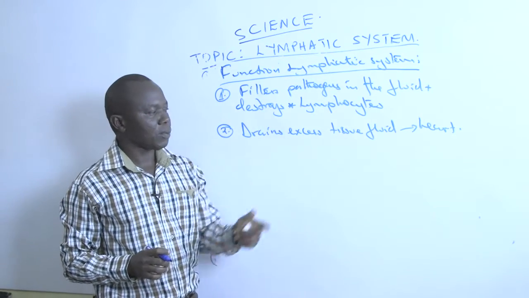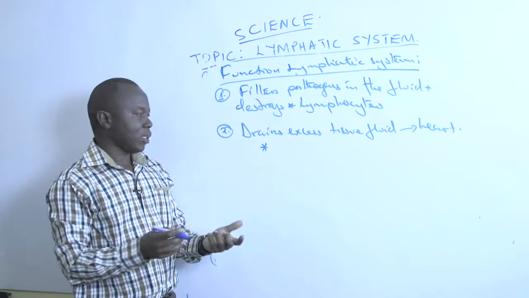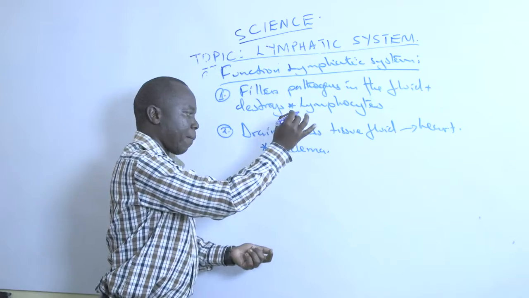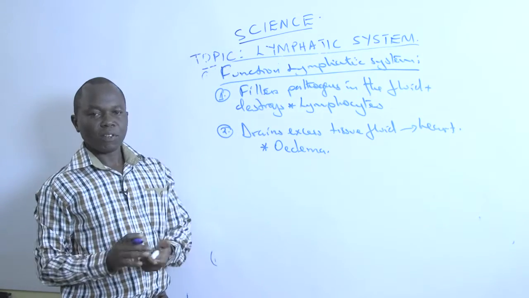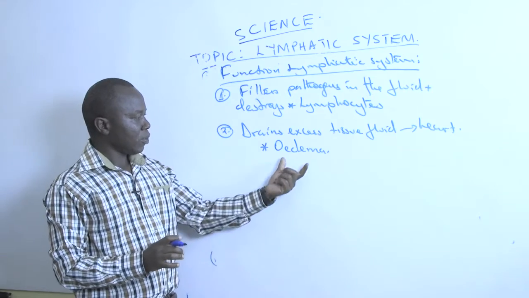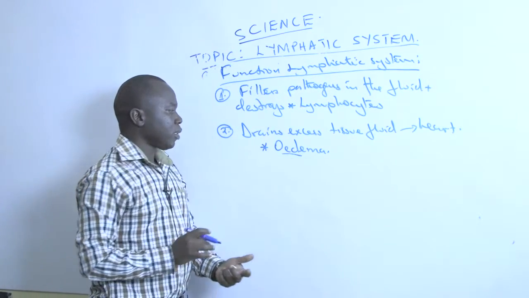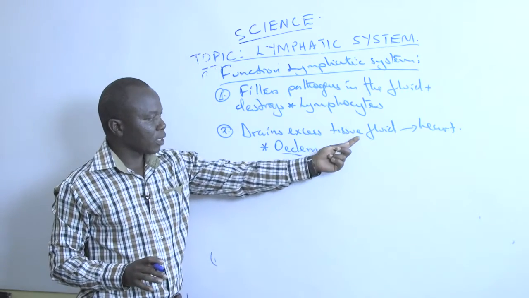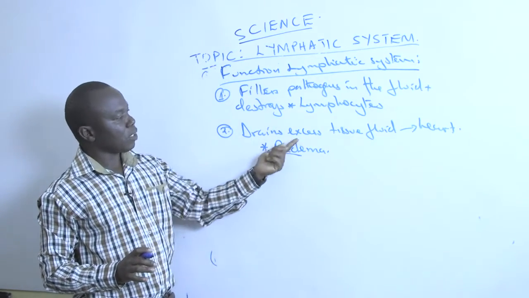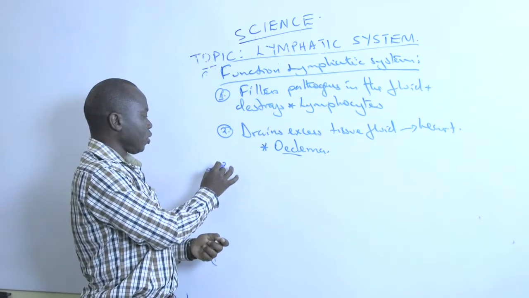It has to go back to the heart. Otherwise, we are going to have swellings. We call that condition edema. If, for example, you sit for a long time, maybe traveling without moving your limbs, the lower parts of the limbs usually swell due to accumulation of excess tissue fluid. So the lymphatic system comes in handy to drain this back to the heart so that circulation can continue.